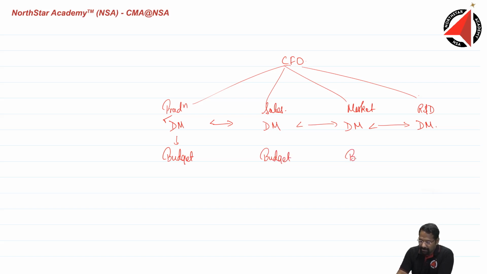Each department has to prepare its own budget, because each department of the company is either going to spend money or going to earn money or going to do both during the entire year.